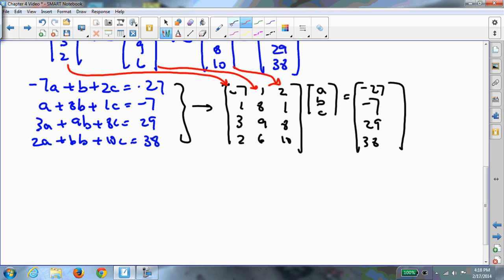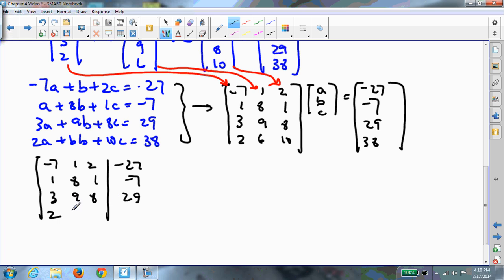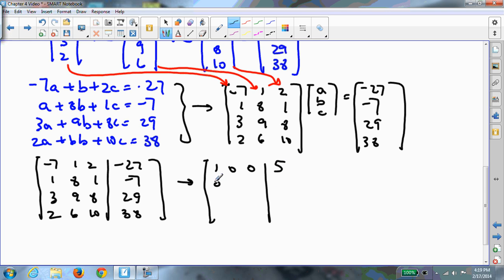So what that means is a matrix is basically representing a linear combination of its columns. So if I set this up as an augmented matrix, -7, 1, 2, -29; 1, 8, 1, -7; 3, 9, 8, 29; and 2, 6, 10, 38, and then RREF this on my calculator. The result is going to be 1, 0, 0, 5; 0, 1, 0, -2; 0, 0, 1, 4; and 0, 0, 0, 0.